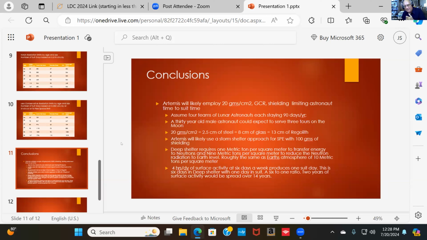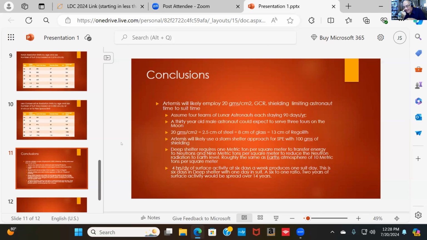Now, 20 grams of mass is equal to 2.5 centimeters of steel, say, equal to 8 centimeters of glass, or 13 centimeters of regolith.